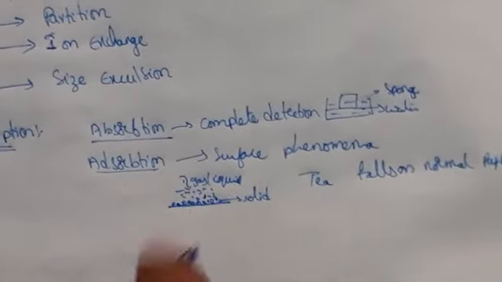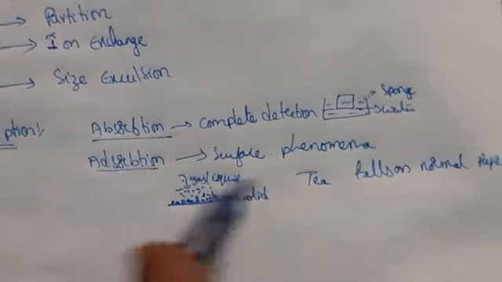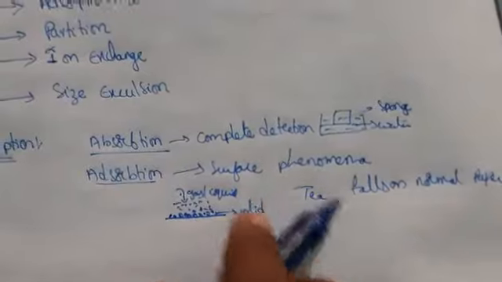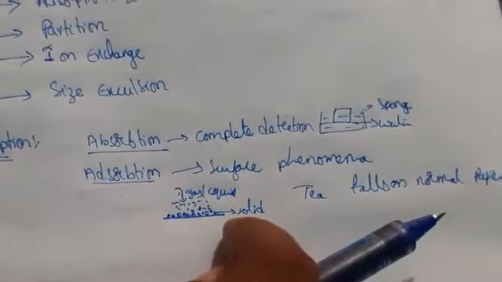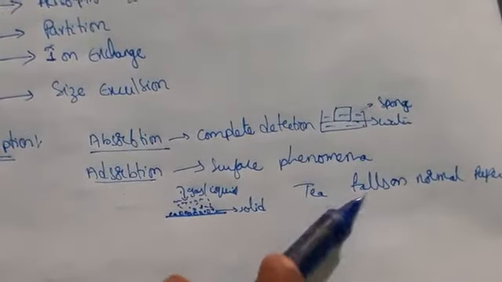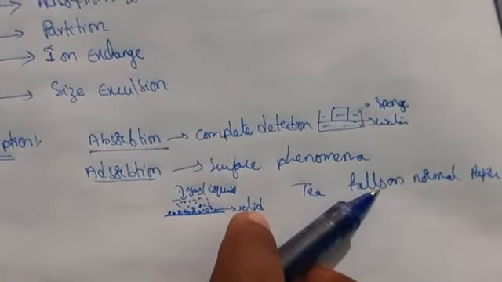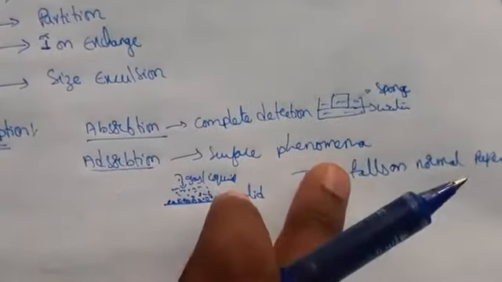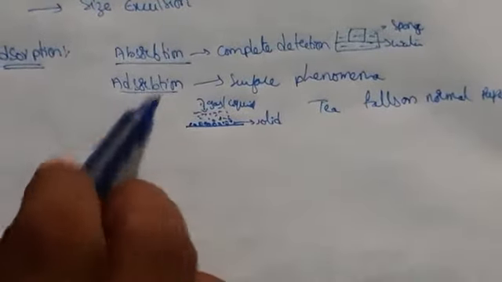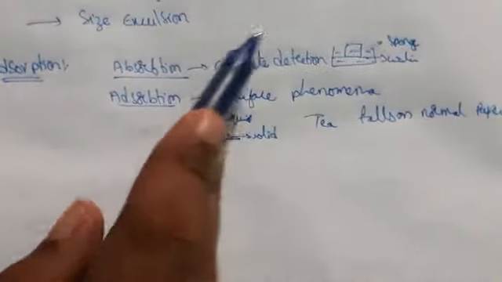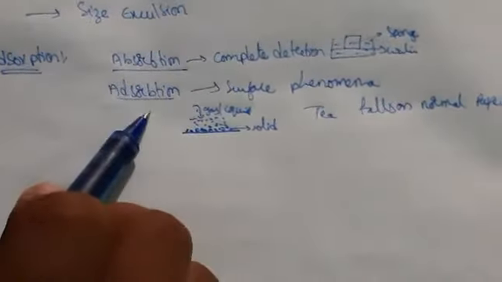So adsorption is nothing but a surface phenomenon. A sponge or tissue paper can absorb completely, but when tea falls on normal paper, it shows the mark but it is not absorbed. That we call adsorption.